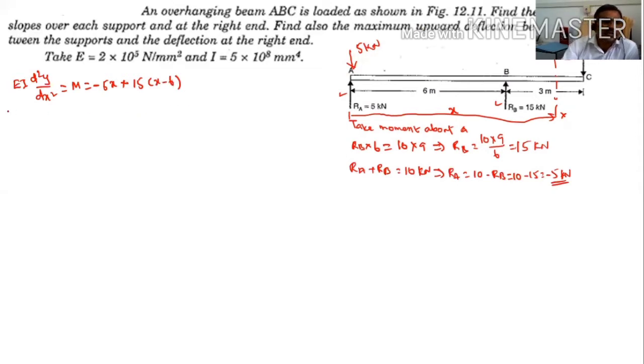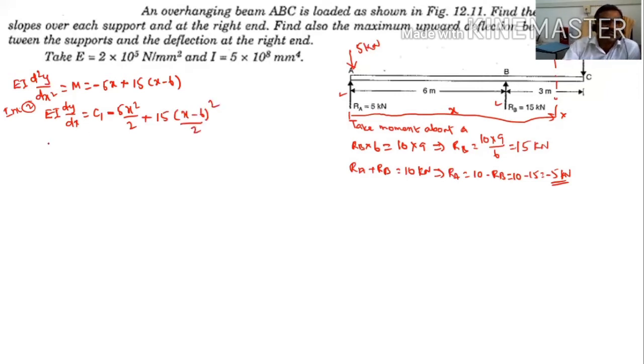Now you integrate 2 times. The first integration gives EI into dy by dx. Put the constant first: C1 minus 5x square by 2 plus 15 into x minus 6 the whole square by 2.